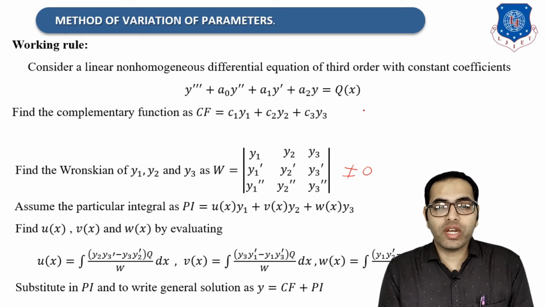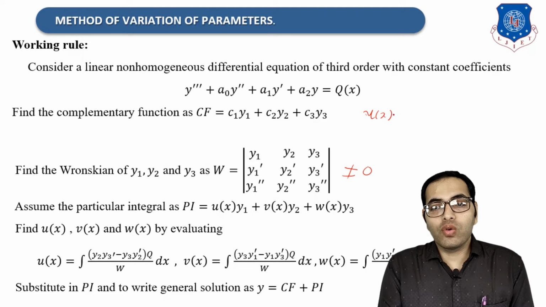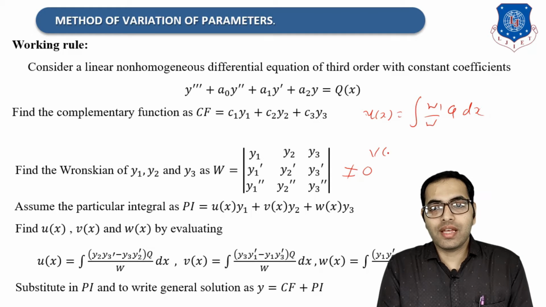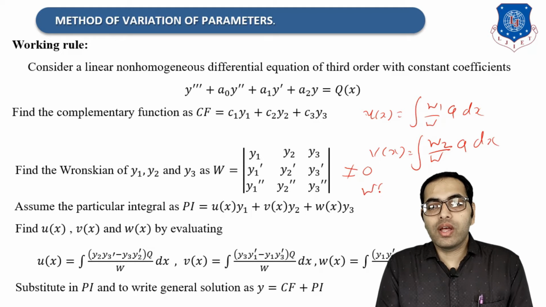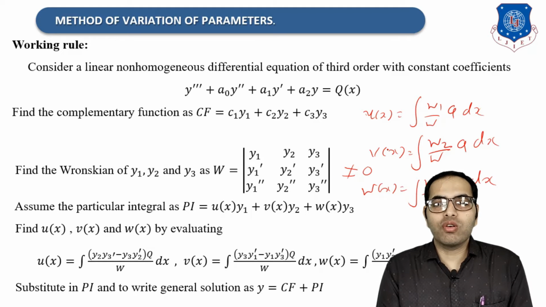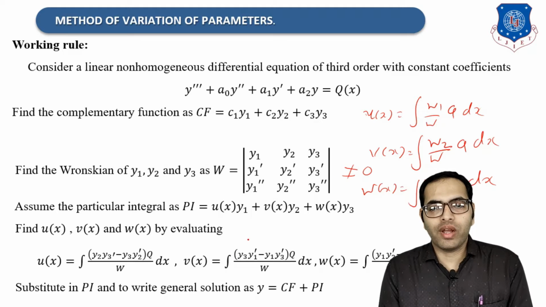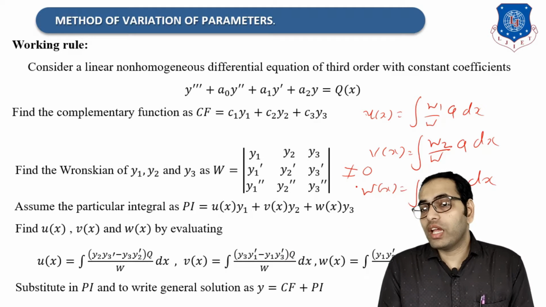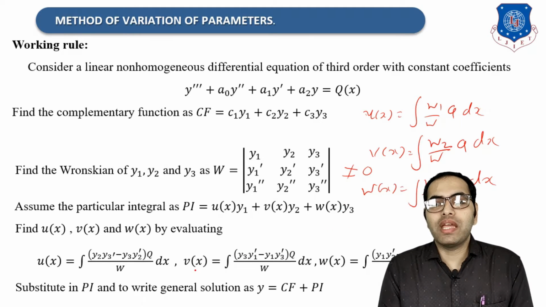Otherwise we can also write u(x) equal to integral of W1 by W into q dx, v(x) equal to integral of W2 by W into q dx, w(x) equal to integral of W3 by W into q dx. We can use u, v, w with this formula as well as that formula. Whichever formula you take, in both cases the answer must be the same.